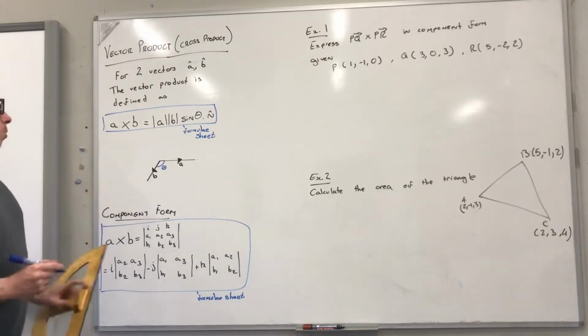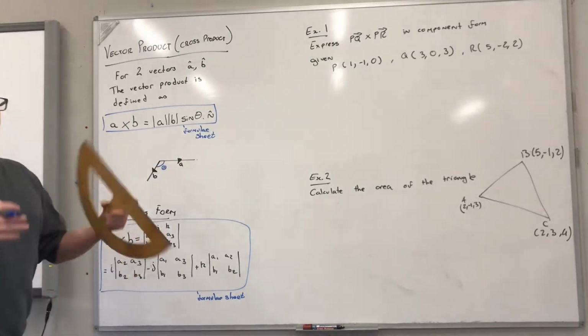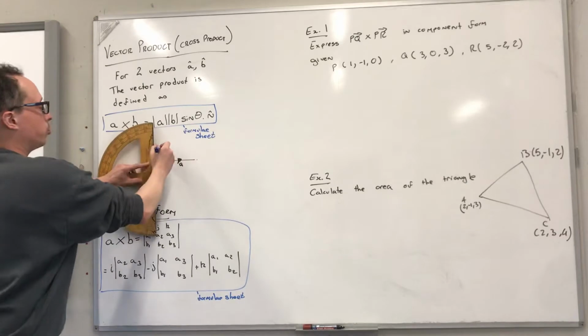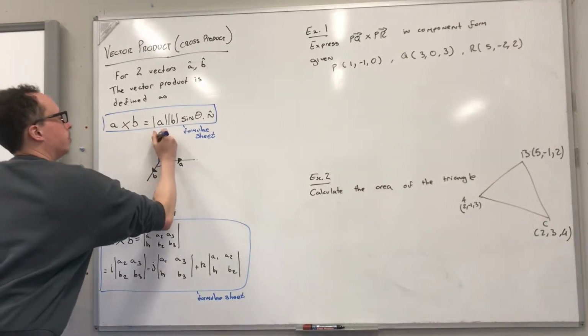Okay? And what that results in is, if you imagine a plane with the vectors A and B on it, the cross product is a vector perpendicular to both of them.